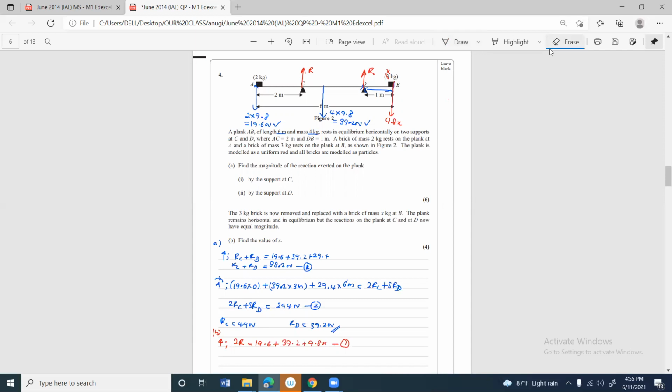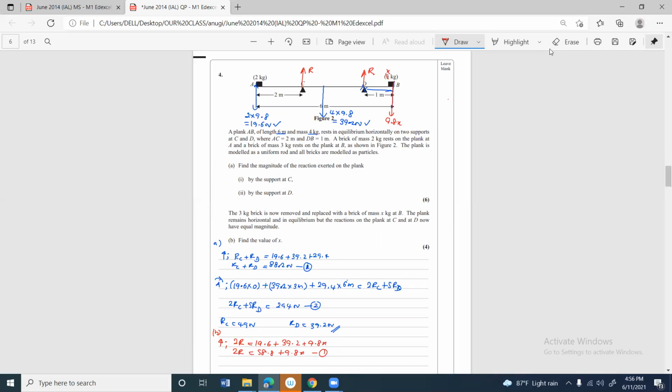I will simplify this and keep it. 19.6 plus 39.2 is 58.8. So 2R equals 58.8 plus 9.8x. I'll keep this in this format, and later we can do the transposition.